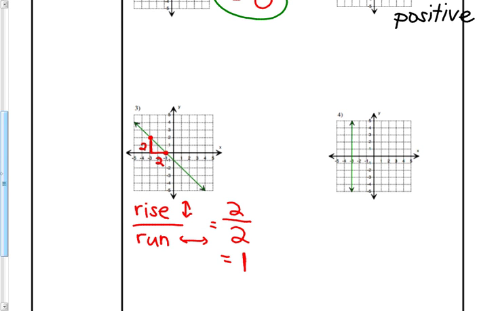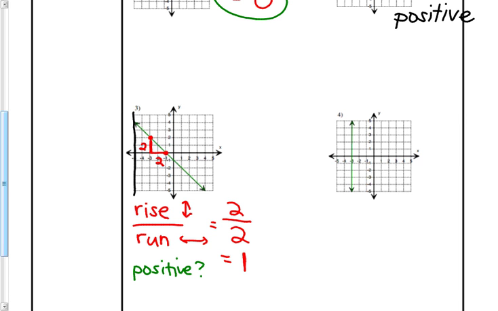However, I know my number's positive, but would I have a positive slope? We said positive slopes mean that when we look at the graph from left to right, it's supposed to be going up. Okay, well, if you look at this graph, here's the left side of the graph.